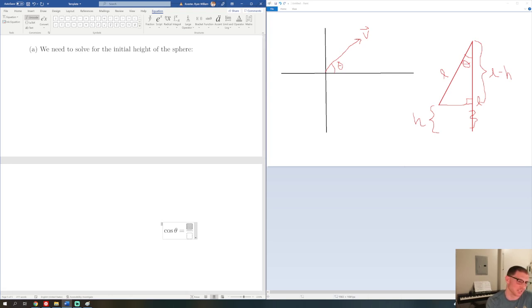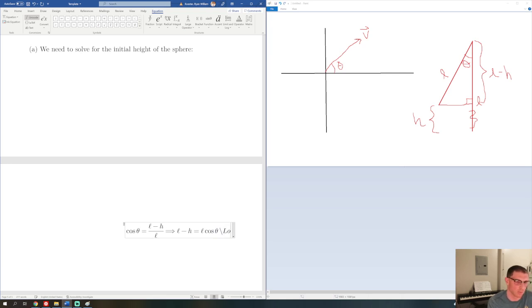Okay, here. And so this is going to be script L minus H over L, right? And so from this we see that L minus H equals L cosine theta, right?